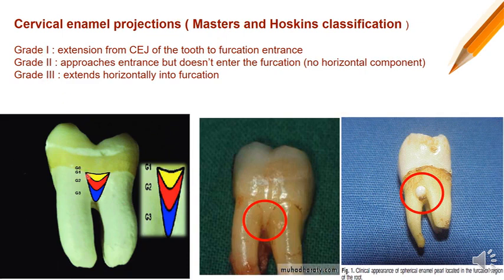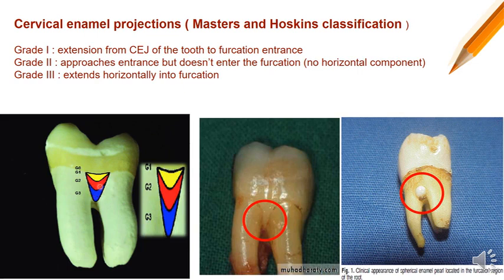The first grade, according to the distance from the cemento-enamel junction to the entrance, extends from the cemento-enamel junction of the tooth toward the furcation entrance. While grade 2 reaches the entrance but does not enter it, so there is no horizontal component.